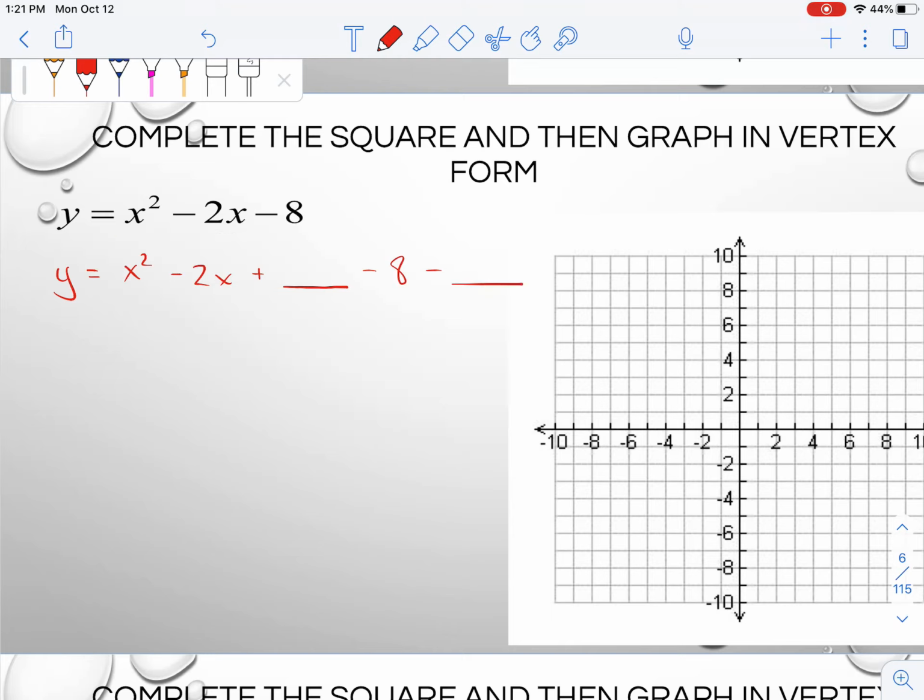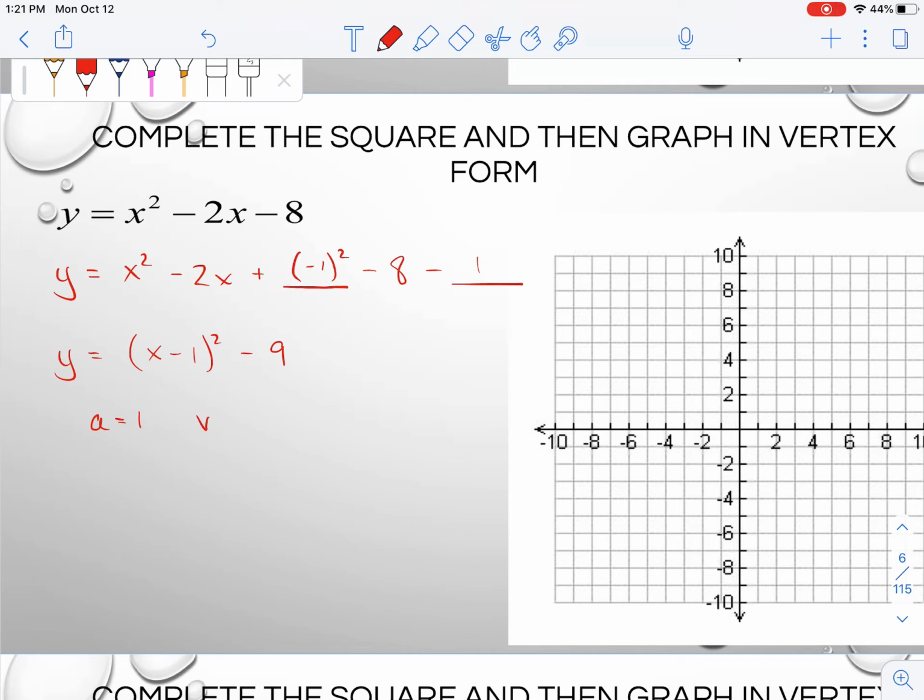So take 1/2 of my b term, -2, so I'm going to have -1 squared, and I'm going to add it here and subtract it there. -1 squared is going to be a +1. So what I end up with here is y equals the quantity x minus 1 squared minus 9.